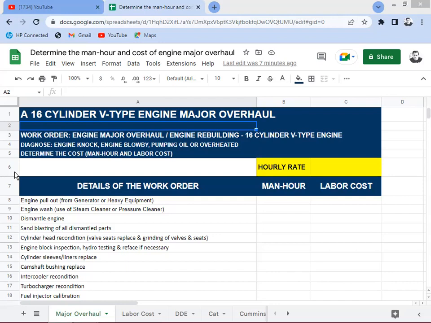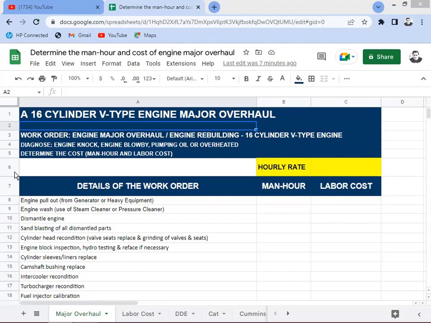So they call it engine blow by. The problem is that the piston rings are already damaged, and they don't hold or seal the combustion process.